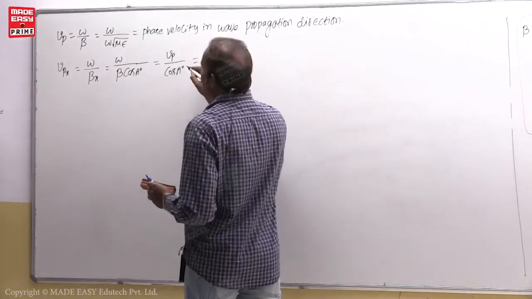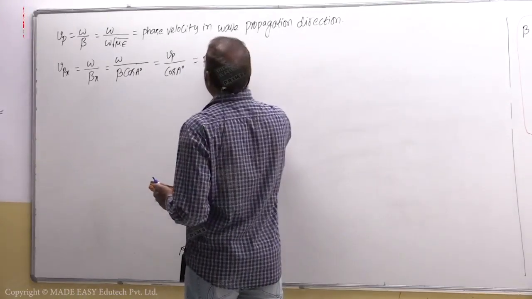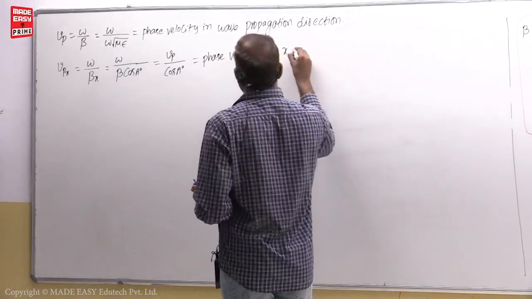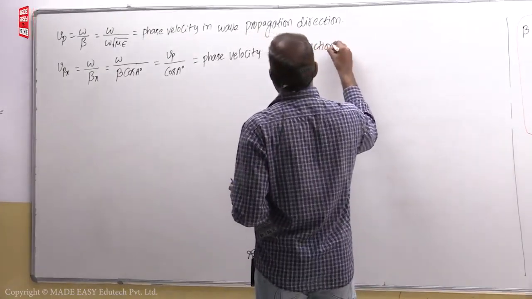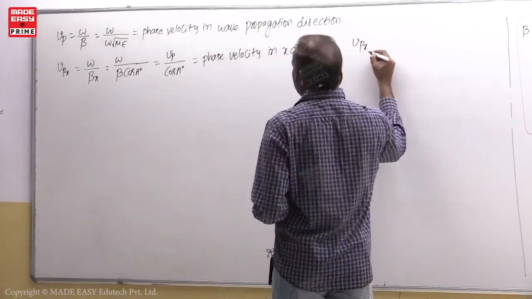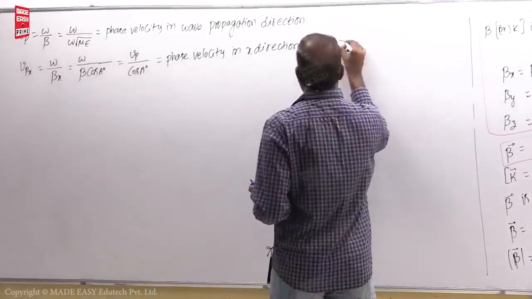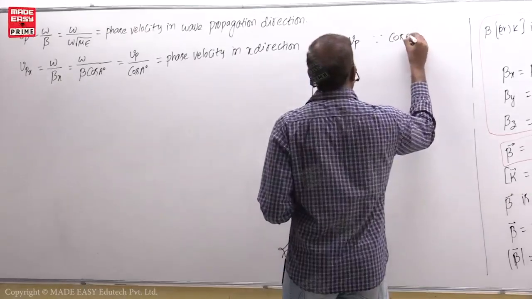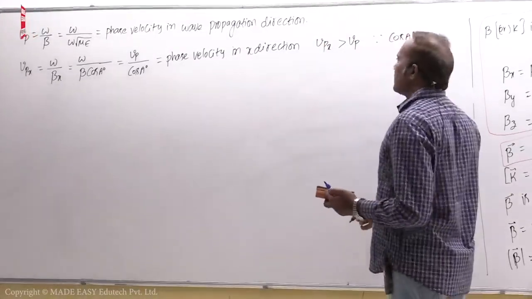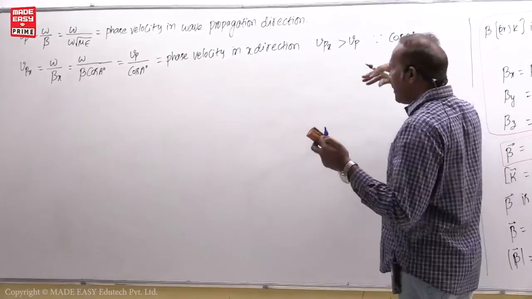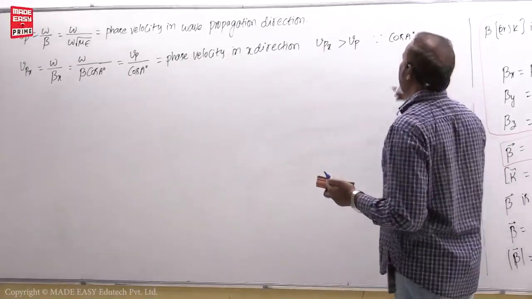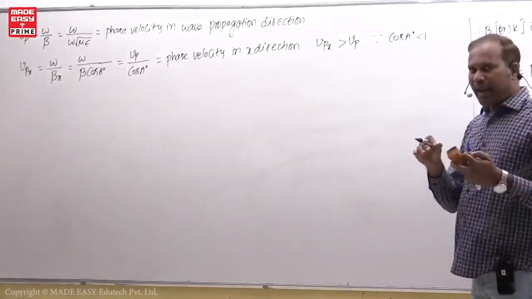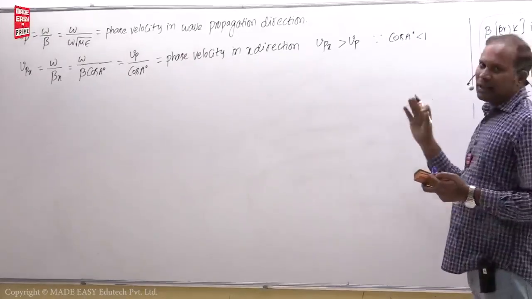Now what is this Vpx actually? The phase velocity in the x direction is greater than the phase velocity in the wave propagation direction, because cos A degrees is always less than 1 if it makes some angle. If it makes a 0 angle, that is 1, that is a different issue.